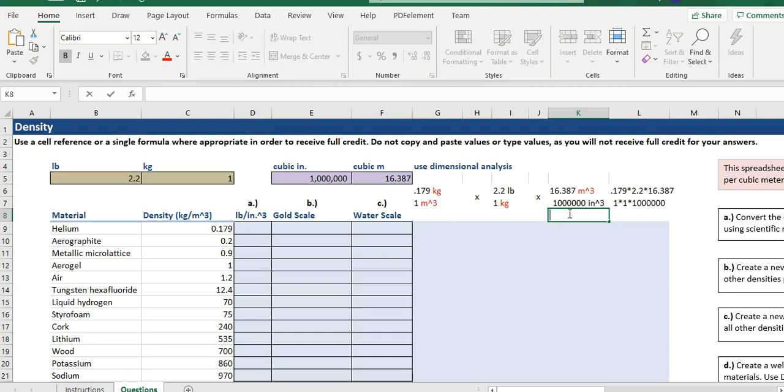Actually, I'm going to do it a different way. So let's talk about cell locations. The 0.179 is located in cell C9, so I'm going to have C9 times. This 2.2 is located in B5.